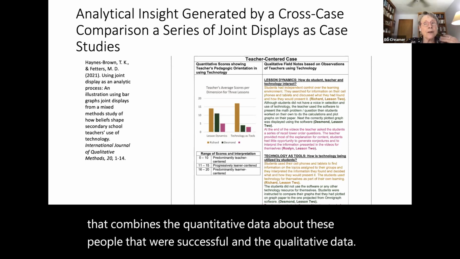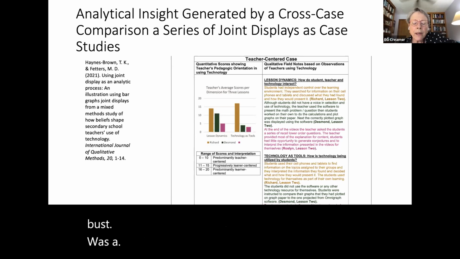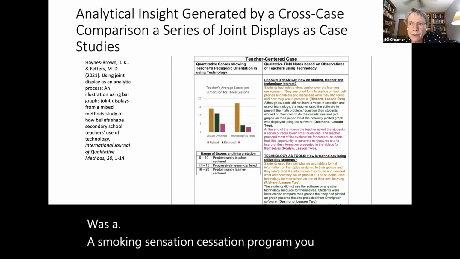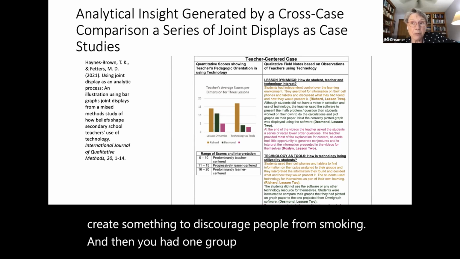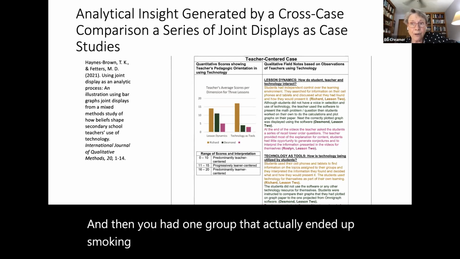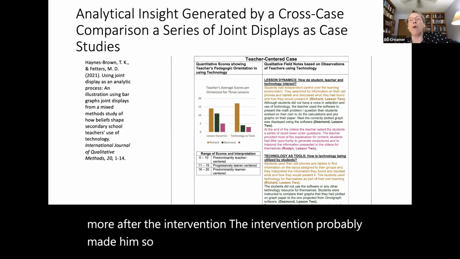And then let's say you had another group and it was a bust. Let's say it was a smoking cessation program. You tried to create something to discourage people from smoking. And then you had one group that actually ended up smoking more after the intervention. The intervention probably made them so nervous that they were smoking more.